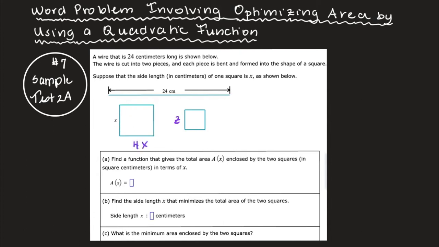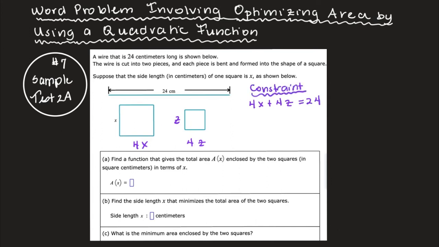And similarly for the second square, which I'll label with the side z, that's going to have the distance around, or perimeter, of 4z. And I know that my wire length is 24, so these 2 distances, 4x and 4z, have to equal that total wire length. So I know that 4x plus 4z is equal to 24, and that's my constraint.